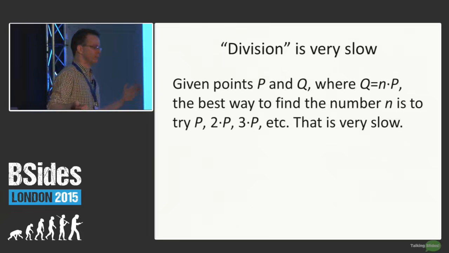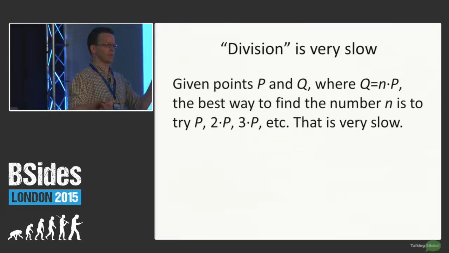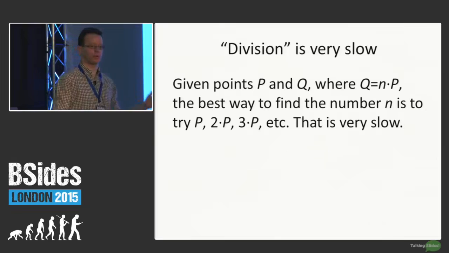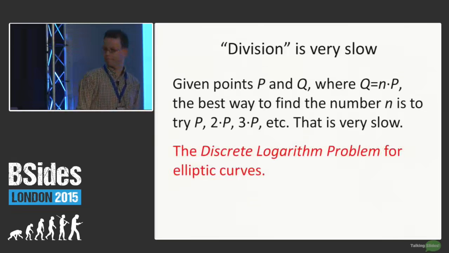Really the best way, almost the best way to find this number n is to start with P, then get 2 times P, 3 times P, 4 times P, until you reach the point that's Q, and then you know the number n. This is an extremely slow process, and as I mentioned, if n has 50 digits, this is just undoable for a computer, even for a fast computer, even for the kind of computers that I have in a data center in Utah.